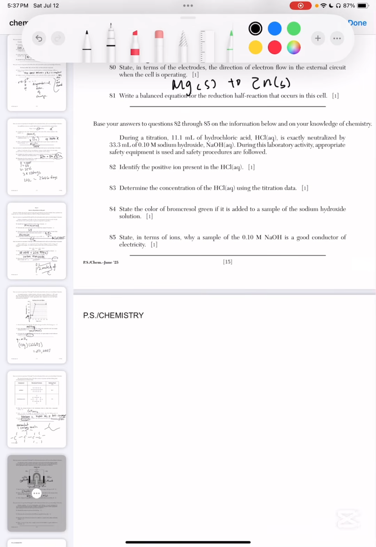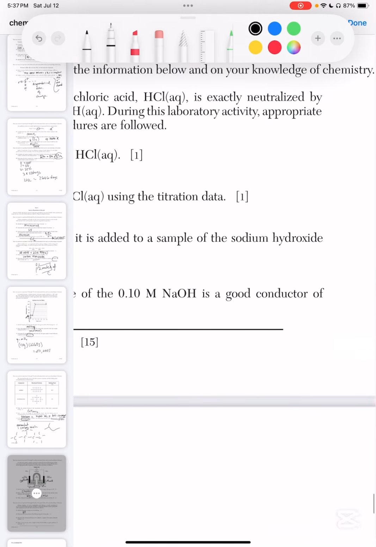Identify the positive ion present in aqueous HCl. That would be hydronium, because HCl is a strong acid. It dissociates completely, so it ionizes completely. So this is the equation. Since chlorine is a halogen, its most common oxidation state is going to be -1.